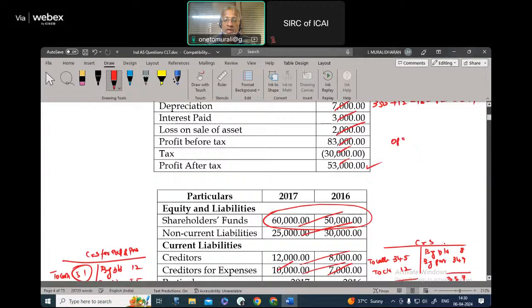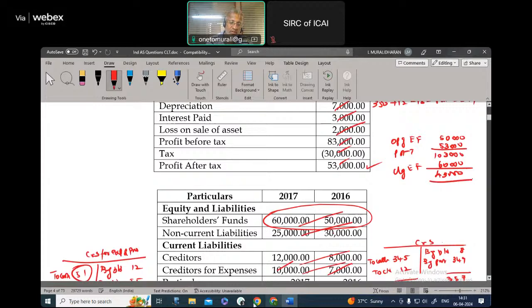So opening equity funds, 53,000. Add profit after taxation, 53,000, 103,000. Closing equity funds, 60,000. So which results in 43,000 rupees reduction.